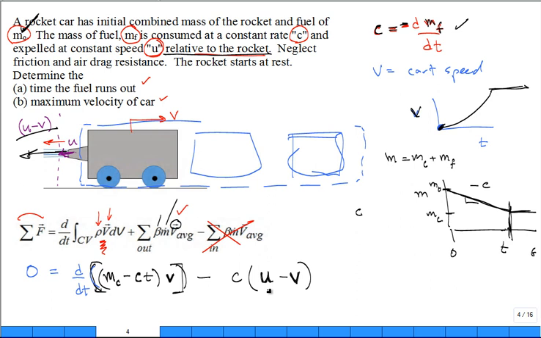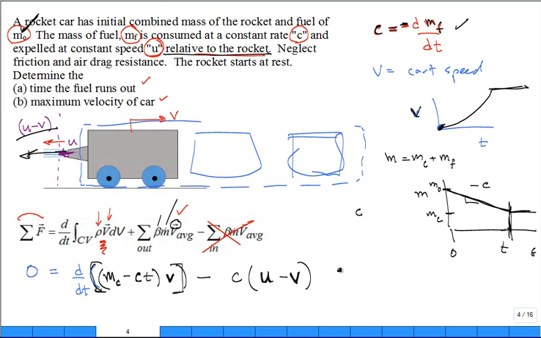Okay? But I have fluid leaving the backside of something that's in the control volume that's accelerating, that's speeding up. And I really need the speed of the fluid leaving the non-accelerating control volume. So it's u minus v.